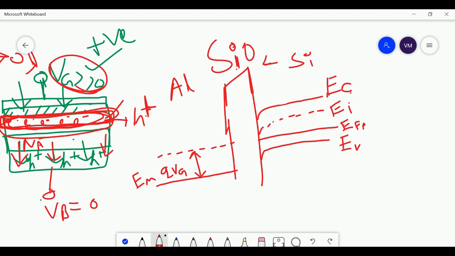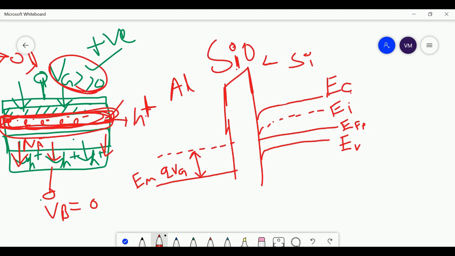Fine. Now look at this. What we can understand with this diagram is that electrons are accumulated at the surface. This is still silicon, the material is not changed. So we can say that this silicon becomes n-type. Why?